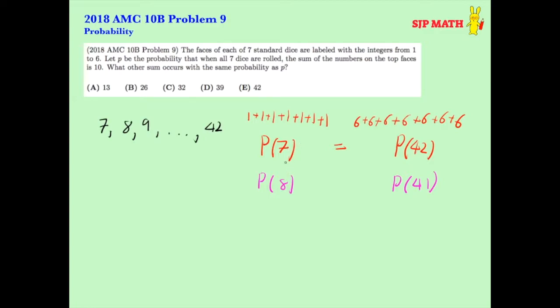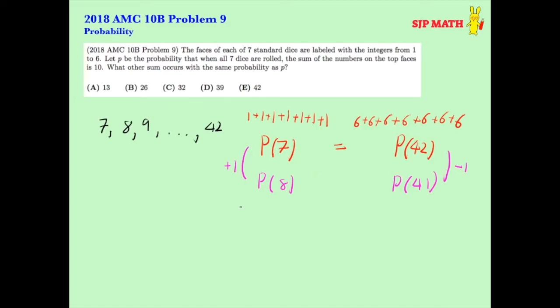So to get from a sum of 7 to a sum of 8, let's put that in pink. To get from a sum of 7 to a sum of 8, we have to add a 1. And to get from a sum of 42 to a sum of 41, we have to take away a 1.